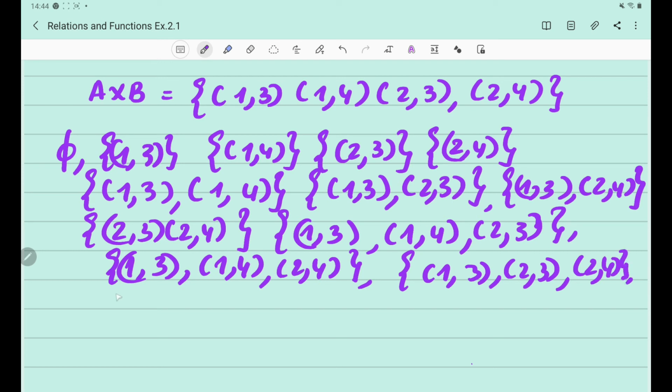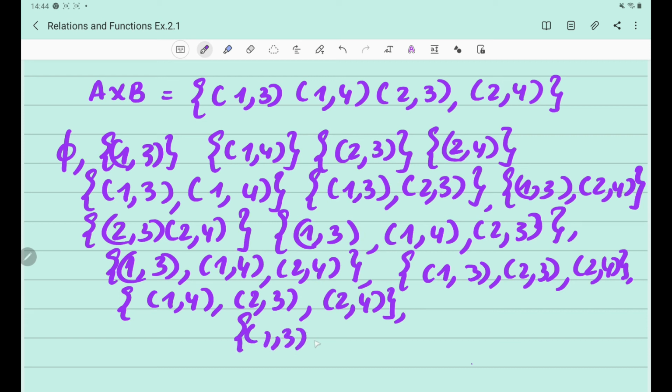The next one 1 4, 2 3, 2 4, and the final one 1 3, 1 4, 2 3 and 2 4. So that's the answer for question number 8, and now let's directly move to the next question.